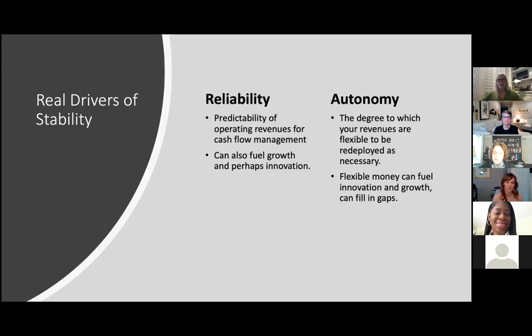Flexible money can fuel innovation and growth, and it can also fill in gaps. You can understand that this particular endeavor that we're doing is spewing a margin that perhaps this endeavor over here is not, but it's more mission centric, that mission money matrix, if you will.